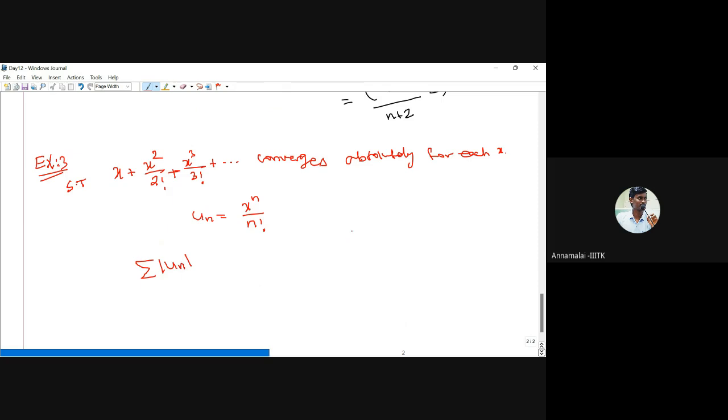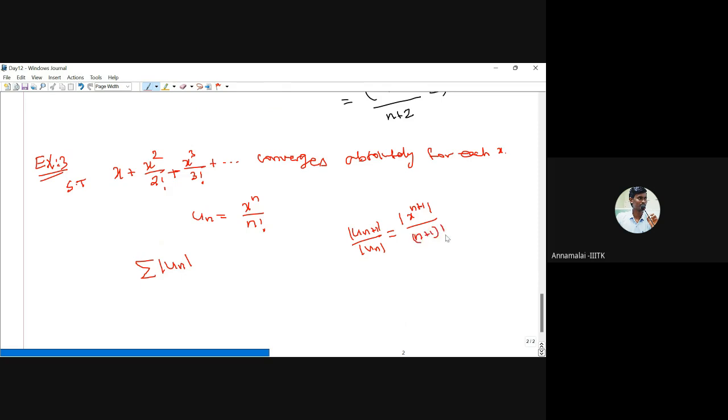So again, you have to apply the ratio test for these terms, modulus of un plus 1 by modulus of un. So, what will you get? Modulus of un plus 1 is nothing but modulus of x power n plus 1 by n plus 1 factorial. n is a natural number, therefore that is positive, so no need to write modulus.